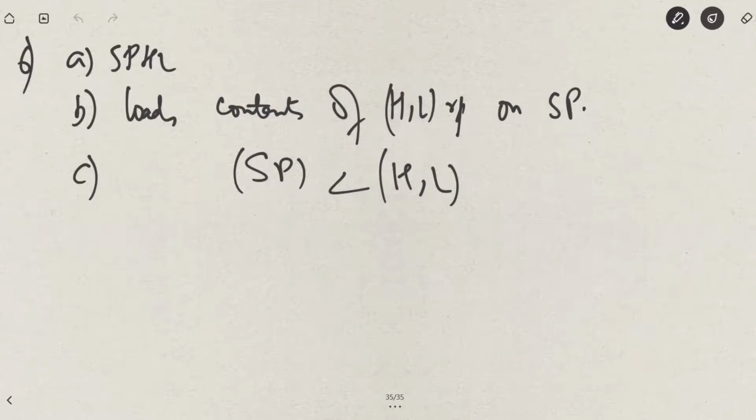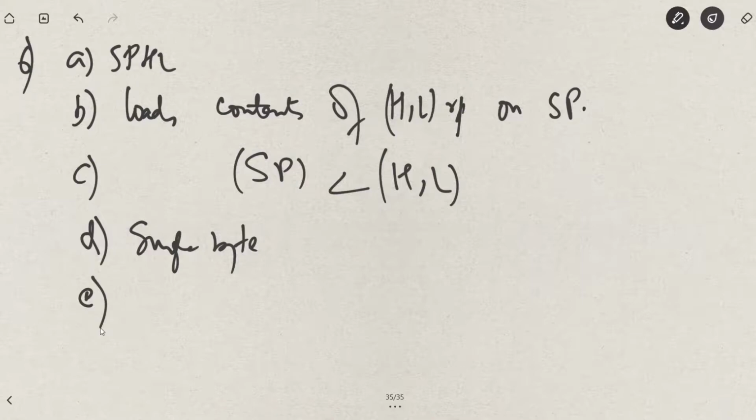Here the SPHL instruction loads the contents of the HL register pair onto the stack pointer. Fine. So it's only a single byte instruction. It will be only one machine cycle, that will be the opcode fetch machine cycle.